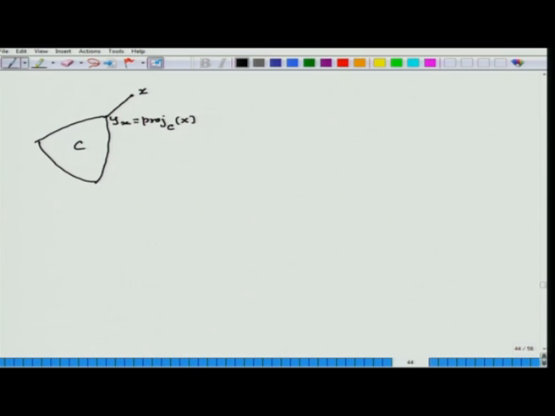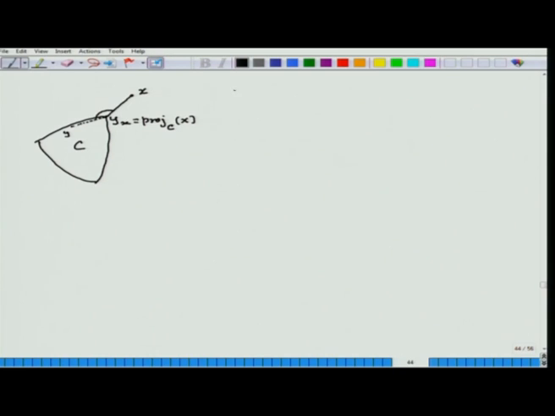Now, you take any other point, say y in C, and join it with y x, then this angle, if you observe, is an obtuse angle.